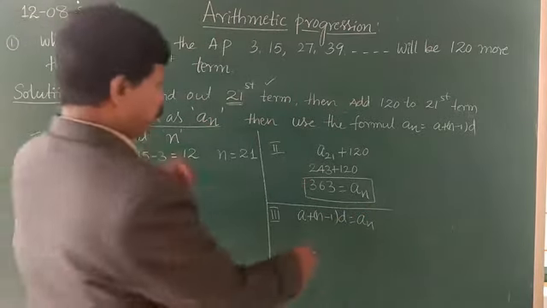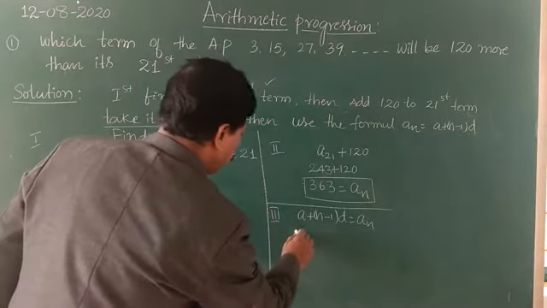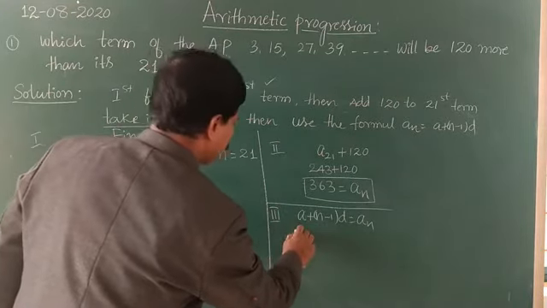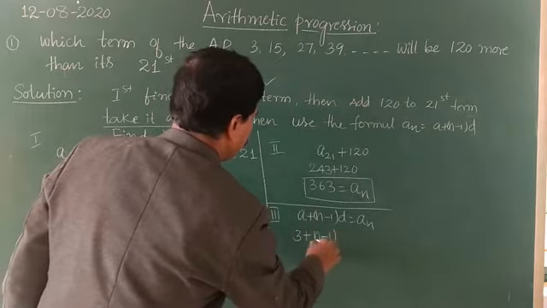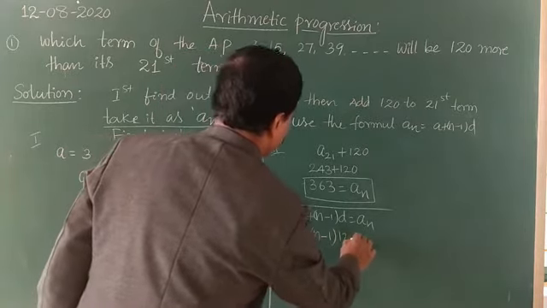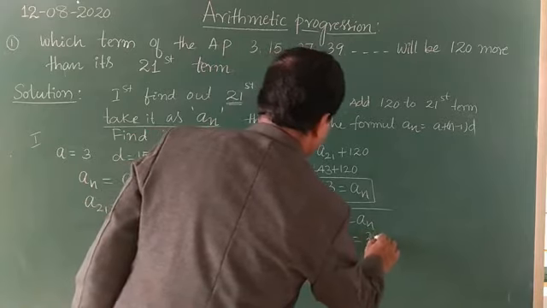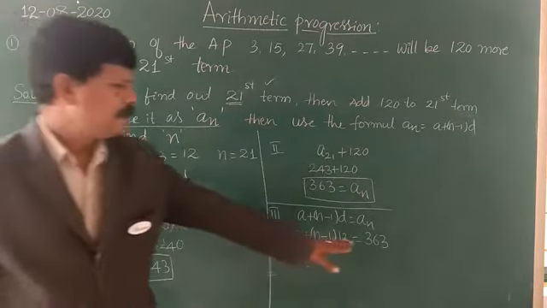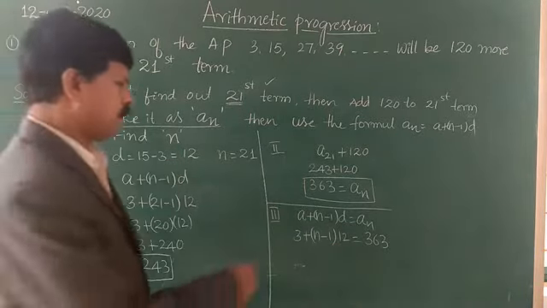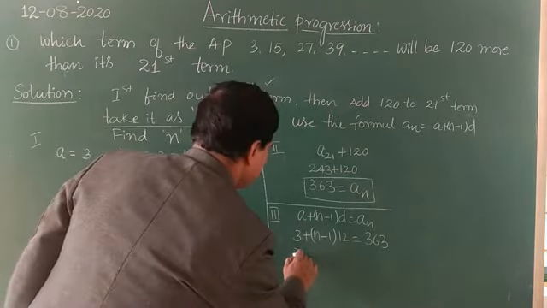Okay, so n is equal to 9. You have to write the sentence like: for n is equal to 9, the nth terms of these two APs are the same, 360. And also find this term.